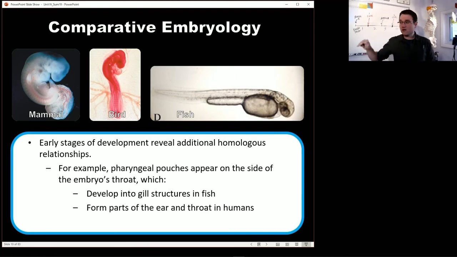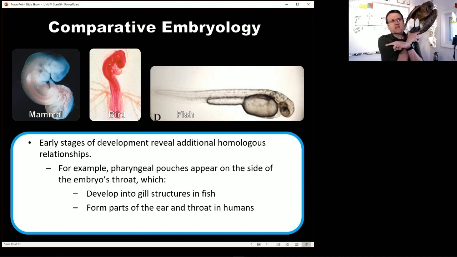Now, one thing you might notice is, hey, look at that bird embryo there in the center. It's got a long, bony tail. And you think, well, yeah, birds have tails, don't they? But no, they do not. Birds have tail feathers. They don't have a long, bony tail coming out the backside. And yet this bird embryo seems to have a long, bony, lizard-like tail coming out the back.